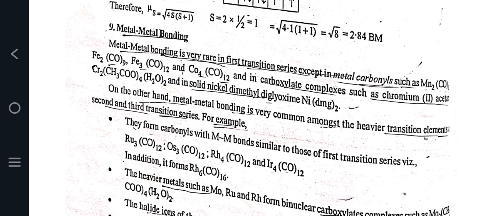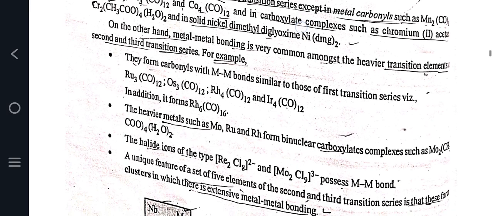On the other hand, metal-metal bonding is very common among the heavier transition elements in the second and third transition series. For example, first, they form carbonyls with metal-metal bonds similar to those of the first transition series. In addition, it forms Rh6(CO)16.